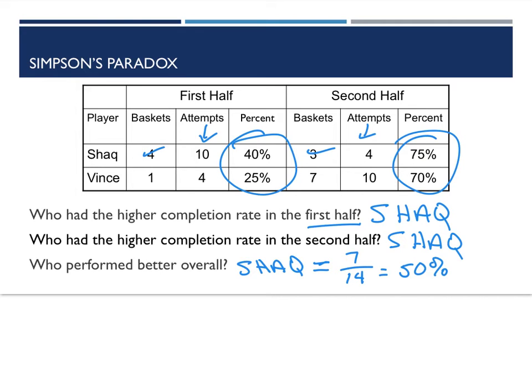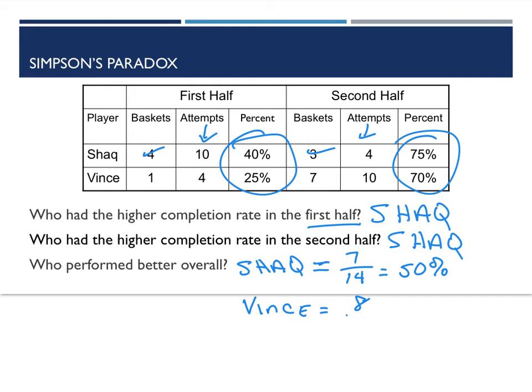So using that two-way table, I didn't want you to think that you didn't have to think about what you add up to do the overall. If I want to find Vince's percentage, he made 8 baskets.